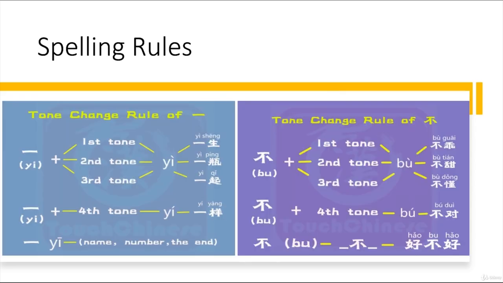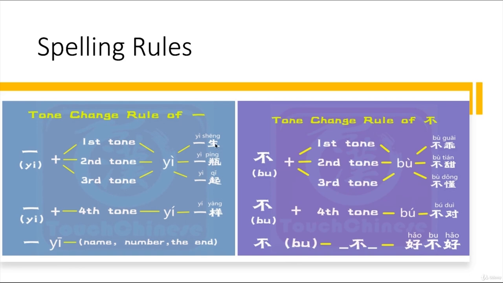And there are some spelling rules, actually tone change rules. The first one is the 一 sound. When 一 is combined with another syllable in the first tone, the second tone, or the third tone, 一 will change into the fourth tone. For example, 一声, 一平, 一起.